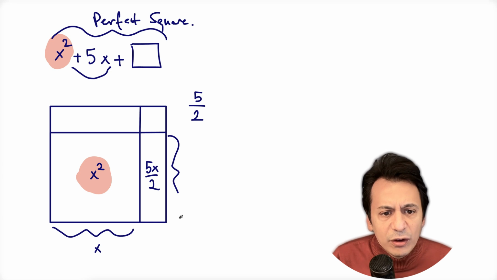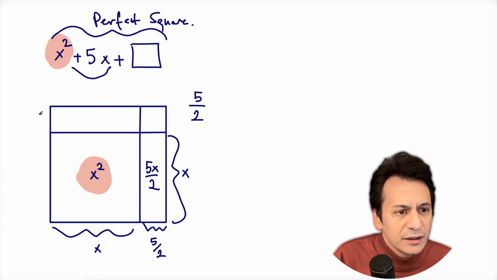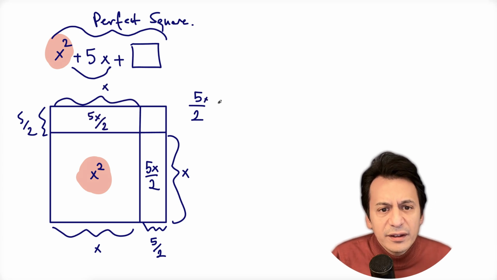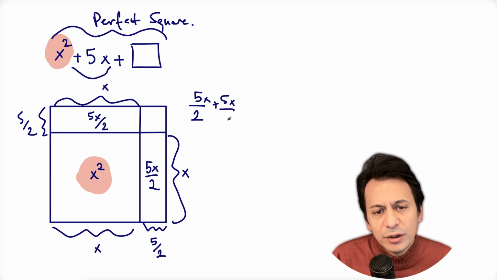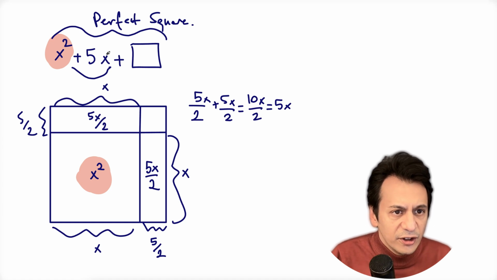The longer side of this rectangle is x, so this side has to be 5 over 2, and same here. You see, this is 5x over 2, and if I add them, you know what I get? 10x over 2, which equals 5x, this part.